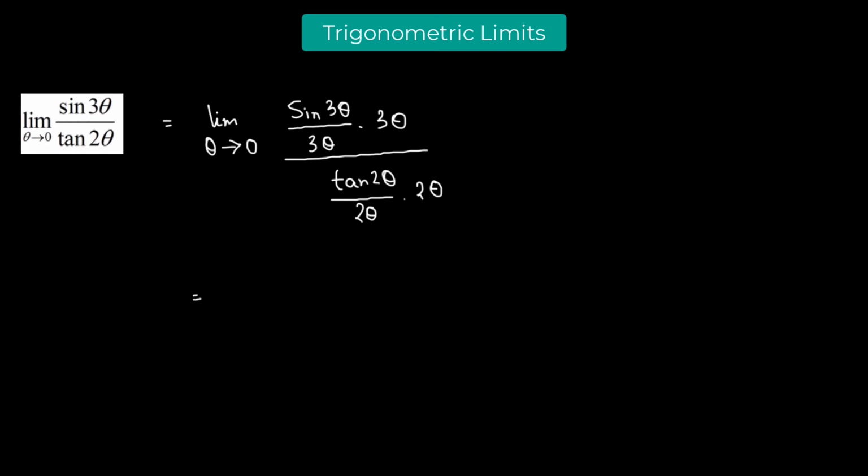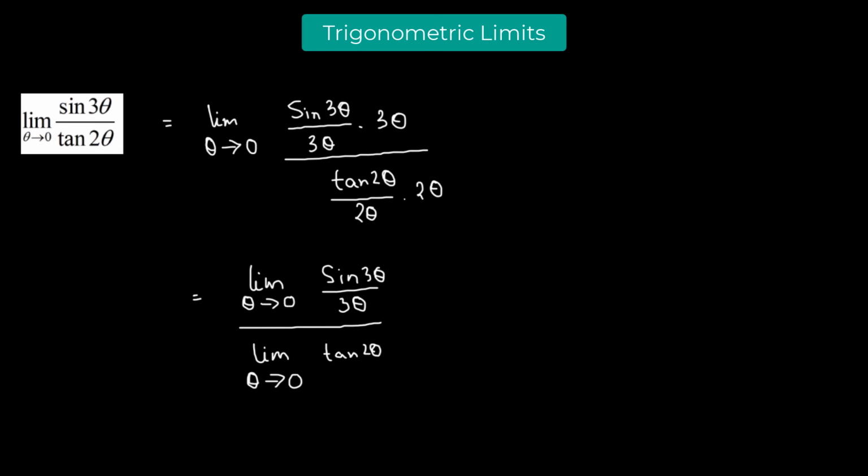Now we're going to apply the limit to the numerator. That will be sine 3 theta over 3 theta, divided by, we're also going to apply the limit to our denominator, the limit as theta goes to 0 of tan 2 theta over 2 theta, and we are left with 3 theta over 2 theta.